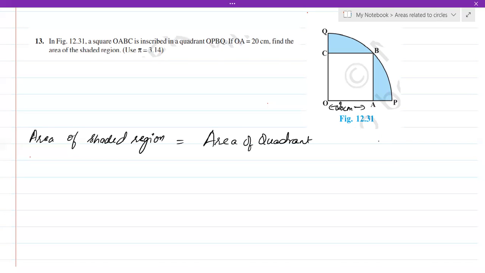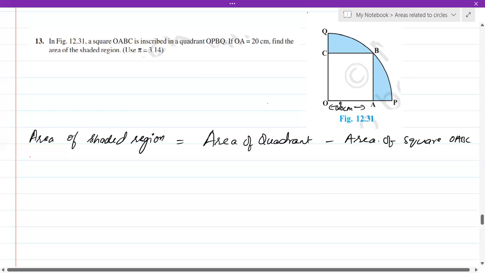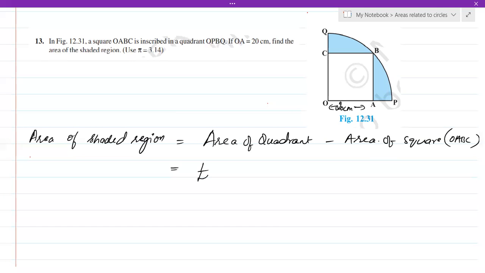Okay. So area of quadrant minus area of square OABC, which is not required. Now area of quadrant is given by the formula 1 by 4 pi r square, and the area of square is given by side square or side into side.